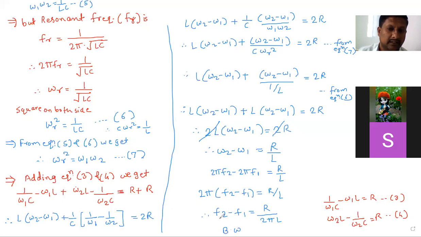That is nothing but bandwidth. So bandwidth is equal to R by 2 pi L. This is the formula of bandwidth. So bandwidth f2 minus f1 is equal to R by 2 pi L. This equation I will take as equation number 8.